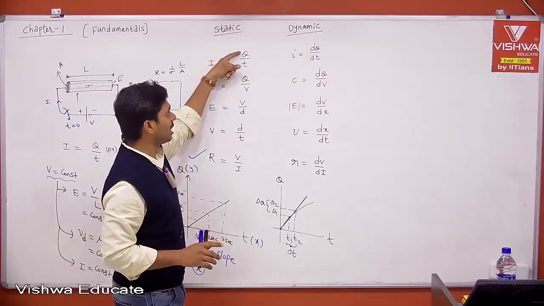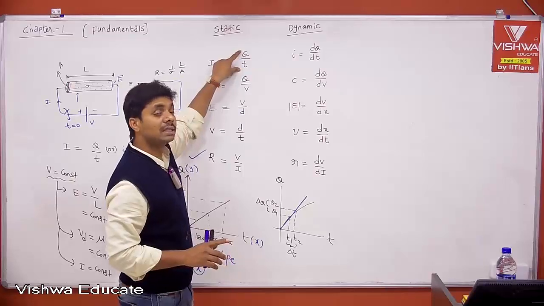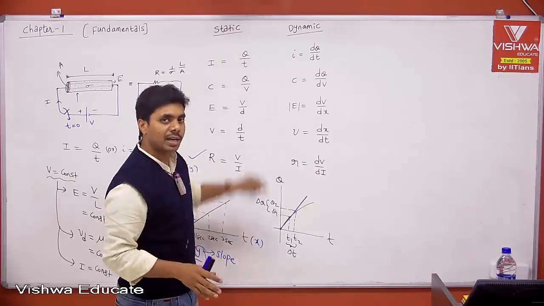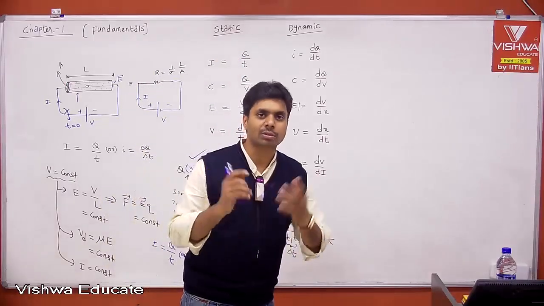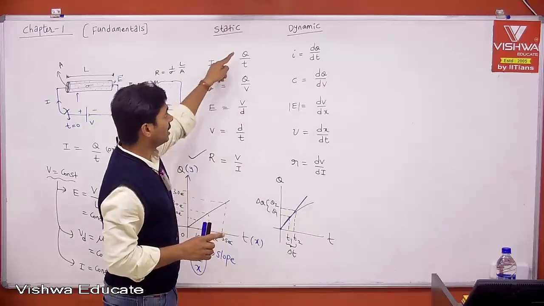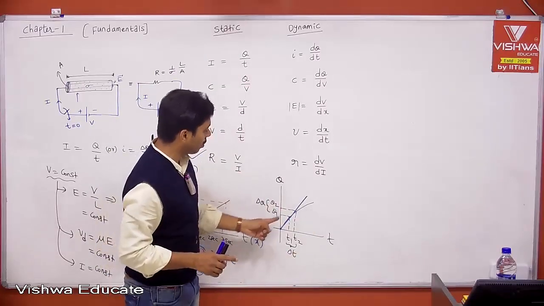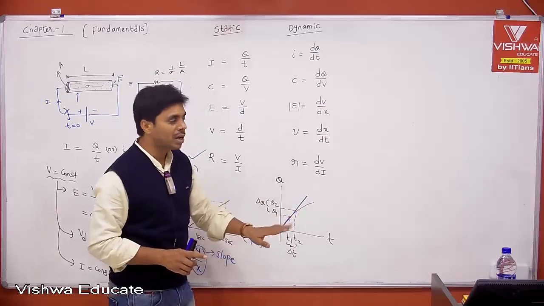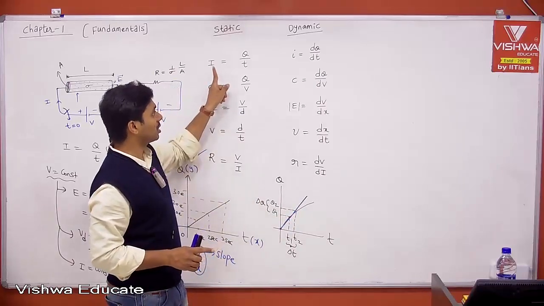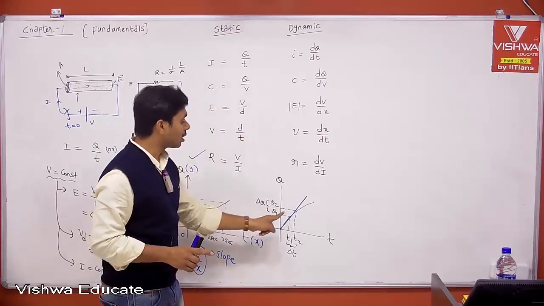If the relation between dependent parameter and independent parameter is linear, then go ahead with static definition or dynamic definition. Both are true. If the relation is not linear, like the charge changing with respect to time, then we should not take the static definition. If you take the static definition, you'll get the wrong answer.